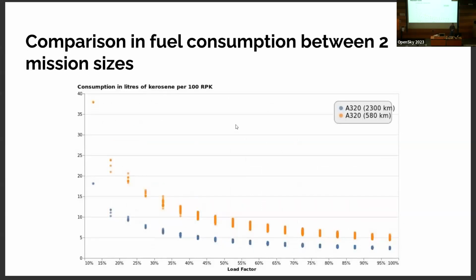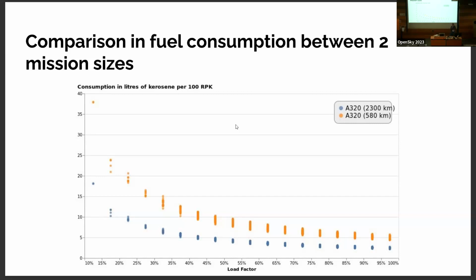Another usage of what we have done is that we can eventually compare the fuel consumption between two mission sizes. So here on the X axis, we have the load factor, and on the Y axis, we have the consumption in liters of kerosene for 100 RPK.